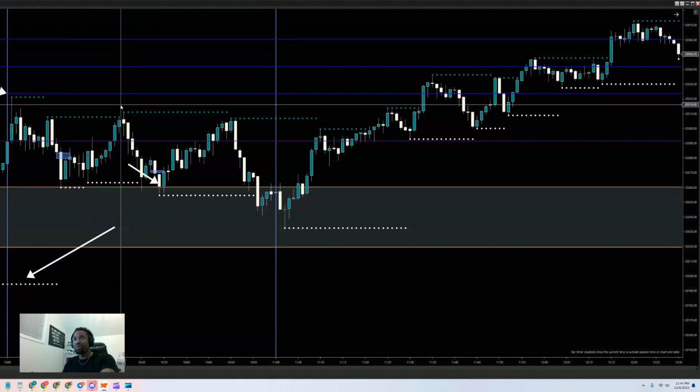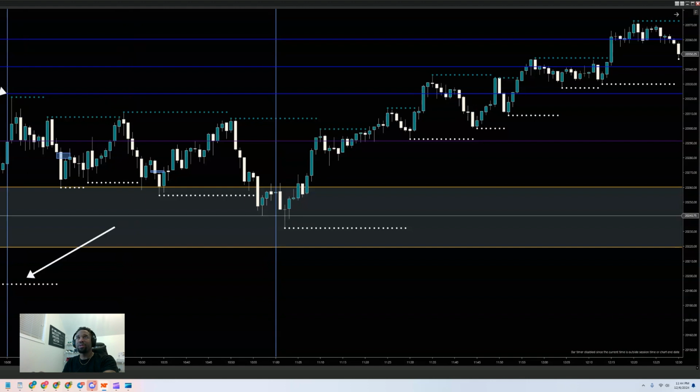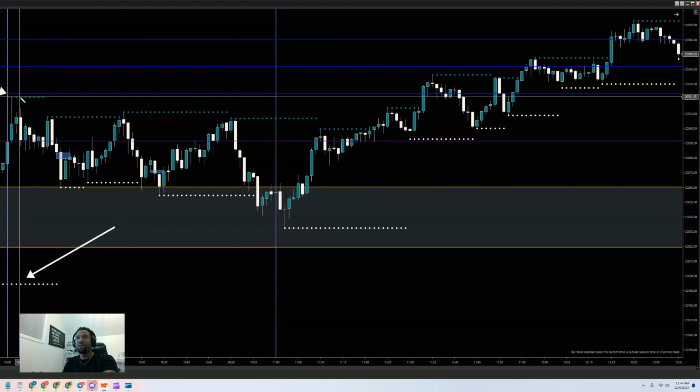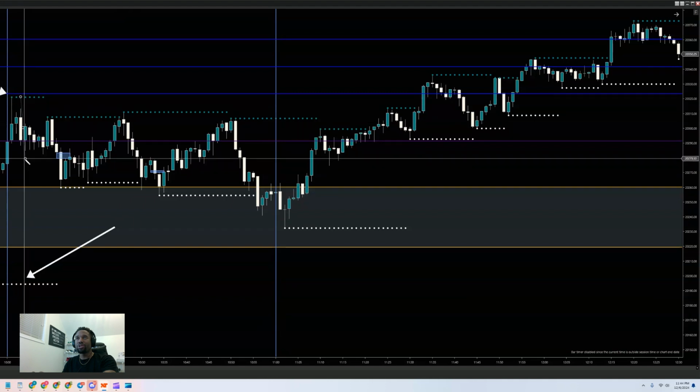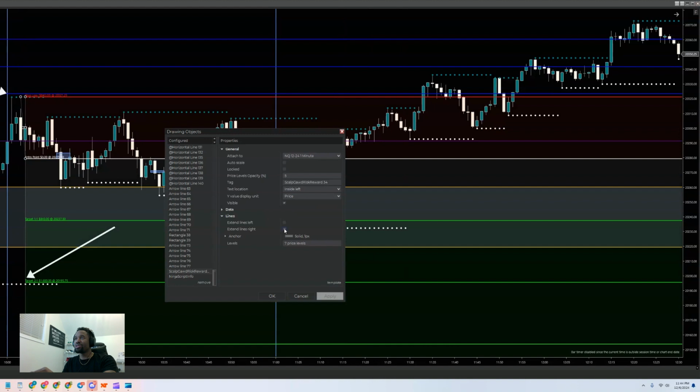So if we were to put our trade on to see how this one would have played out without waiting for structure, this one did hit TP1, but then it came back to lose. So this one was a loser.